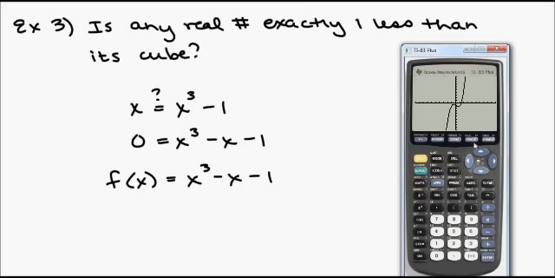Okay. So you can see here that somewhere between 1 and 2, you are crossing that x-axis right here.